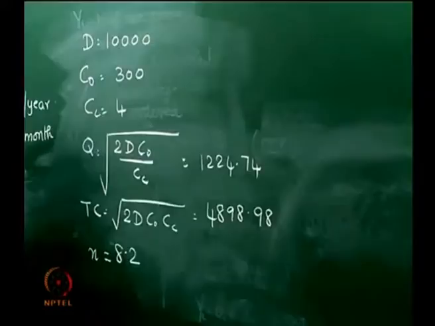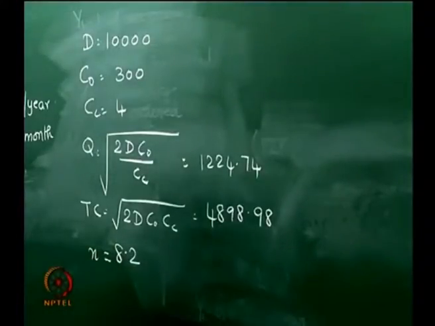So, let us call the ordering frequency per month, how many orders, 12 divided by 8.2, which is roughly about 1.5.